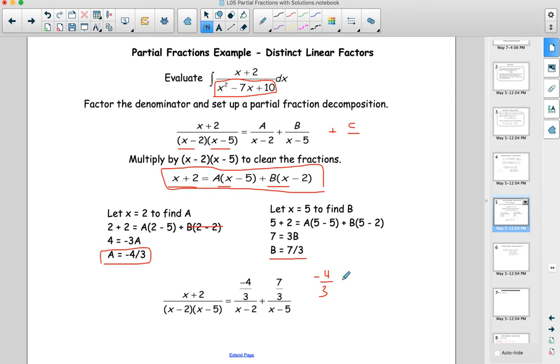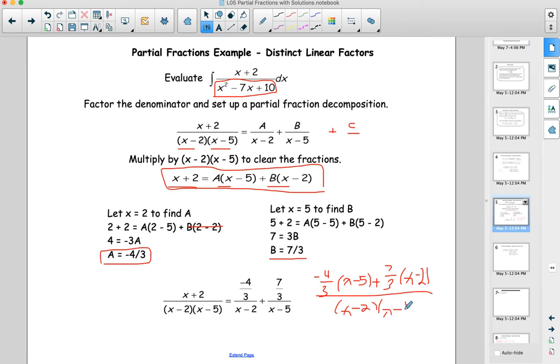So negative 4/3 times x minus 5 plus 7/3 times x minus 2, just getting a common denominator on that right hand side, all divided by x minus 2 times x minus 5.